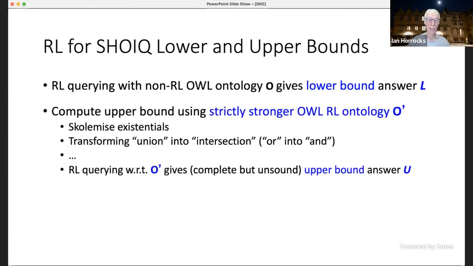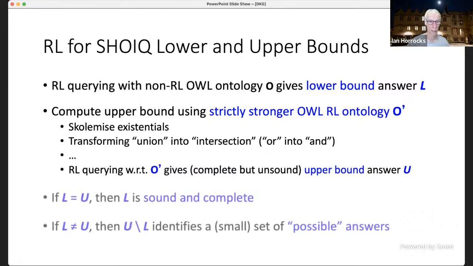But actually, I can use some clever tricks to transform those axioms into RL axioms in such a way that I actually strengthen the ontology. So skolemizing existentials is one of the things I do. And if I answer the query again using that ontology, I actually get an upper bound answer. And then I have this lower and upper bound.